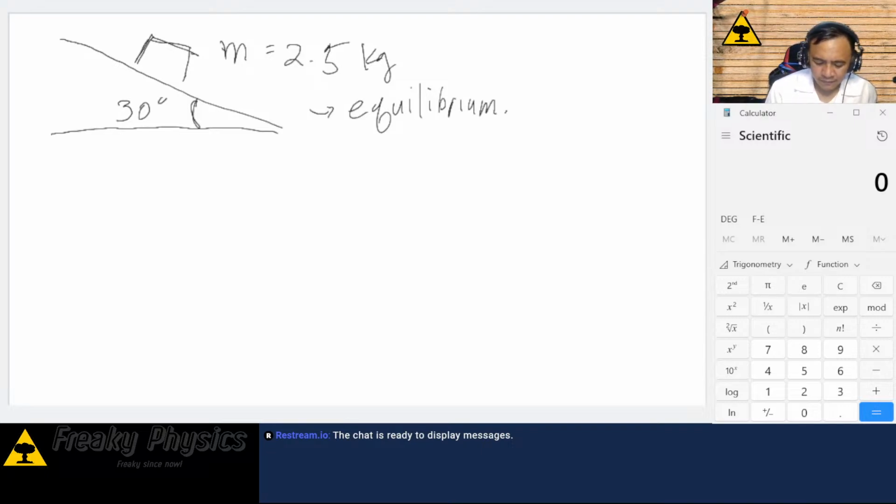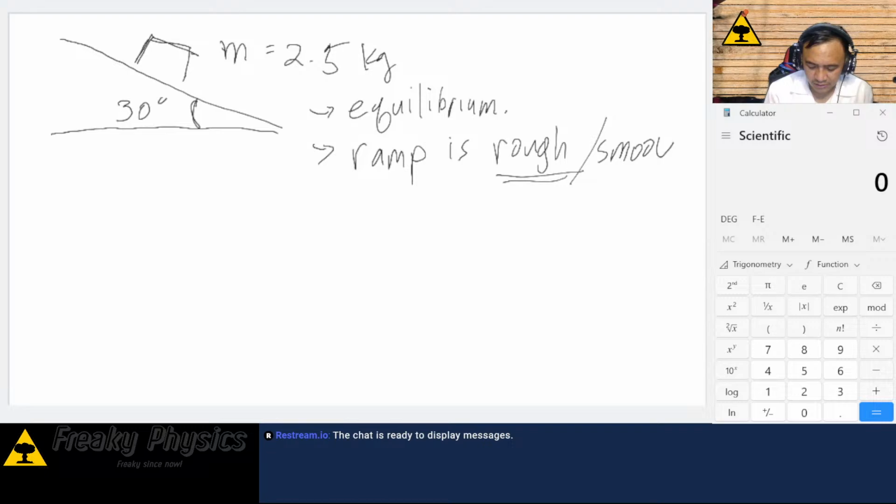Before we identify the forces here, let us say that the ramp is rough. Now, it's important to note whether ramps are rough or smooth, so I'm going to disregard smooth for now.